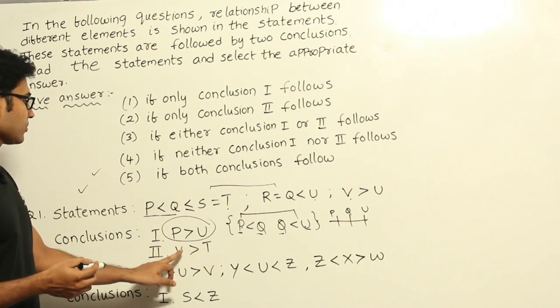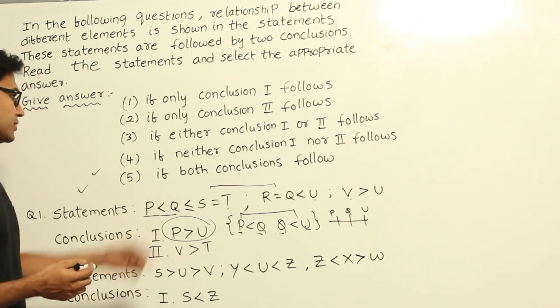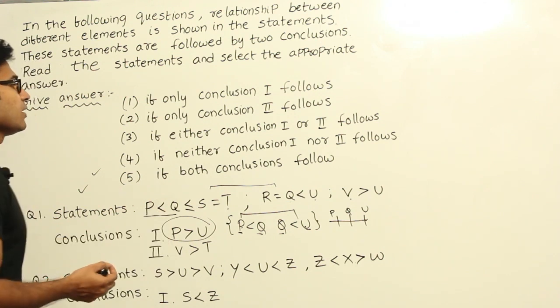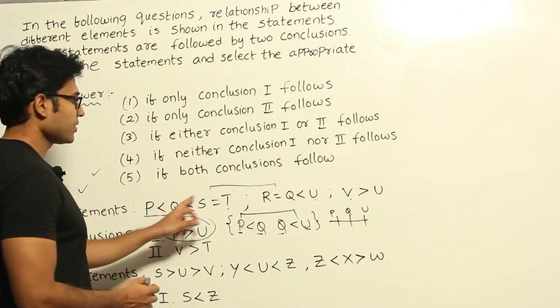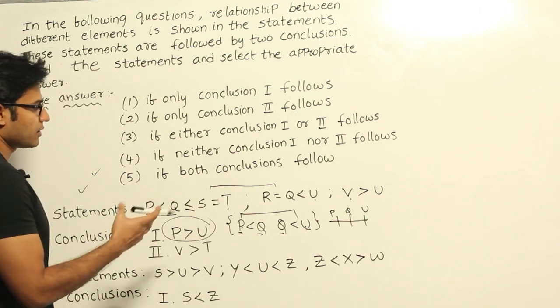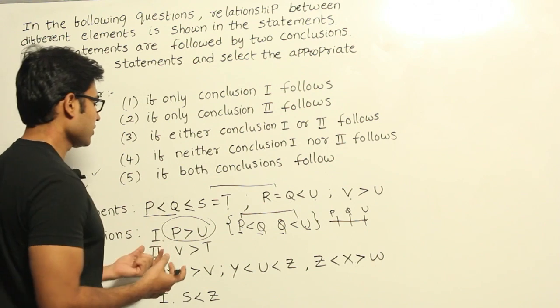They are asking about the relationship between V and T. Let's try to derive the relation, if it is possible to derive the relationship between V and T here. Directly, V and T are not present in any of these statements, but they are related somehow, so you can try to derive it.